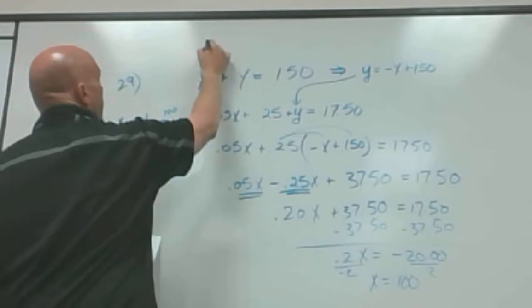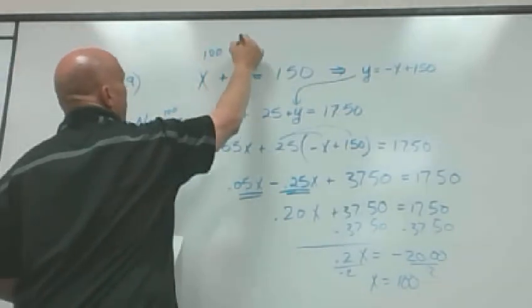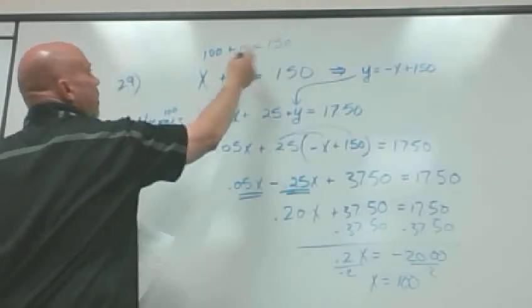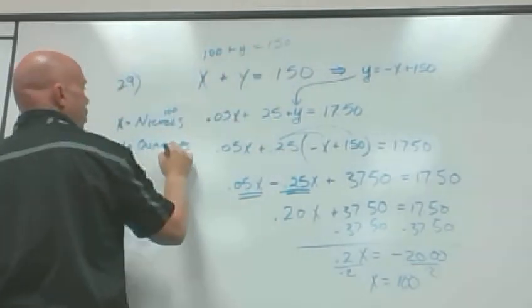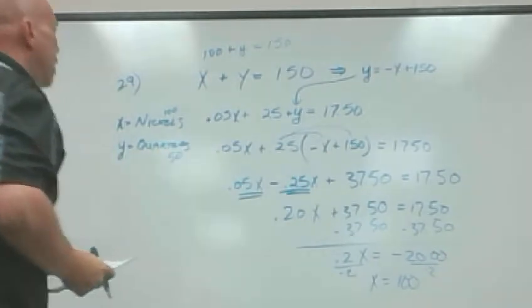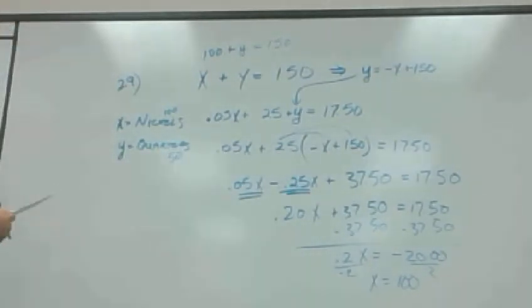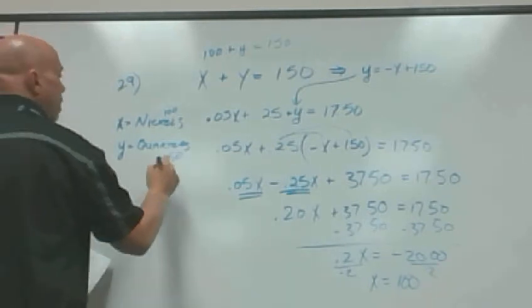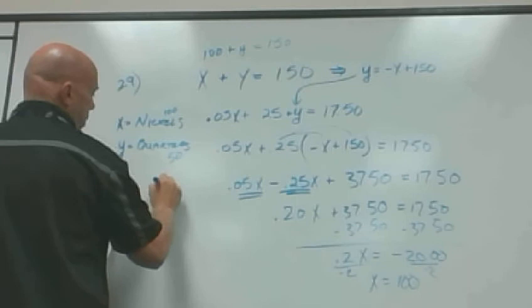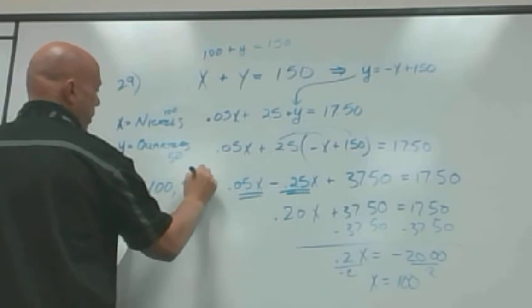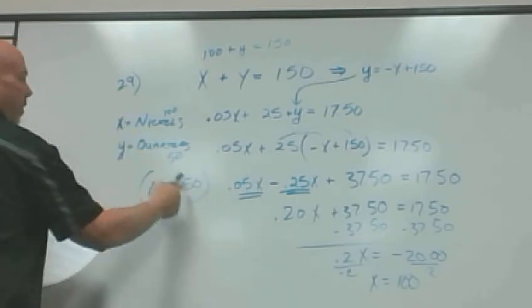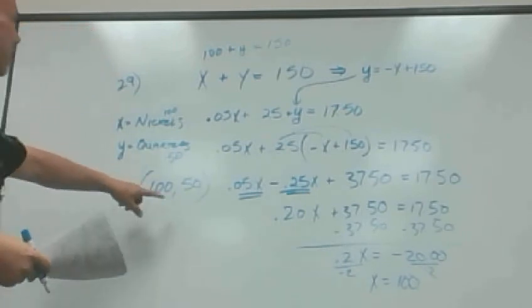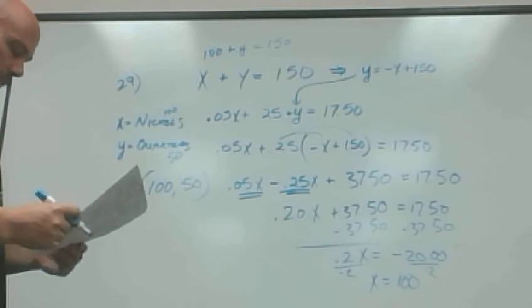You have x equals 100, so 100 plus y is going to equal 150. And we really don't have to see the math that obviously, then that means that quarters has to be 50. Okay? So our ordered pair answer, if we were asked to give one, would be 100 for x and 50 for y. Again, that tells us that we have 100 nickels and 50 quarters.